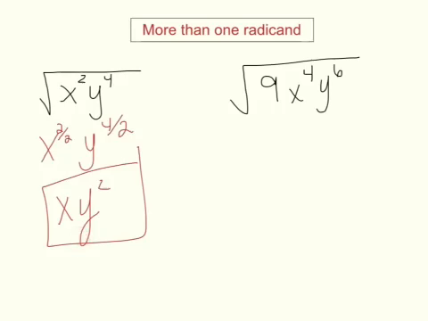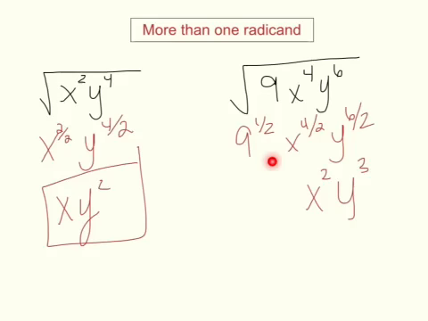Over here we have the square root of 9, or 9 to the 1/2, x to the 4/2, and y to the 6/2. This simplifies to y cubed, and this is x squared. This can stay as 9 to the 1/2, but what we have to start doing is realizing that it's 3. So if it wants you to put it in rational form, we can leave it here.